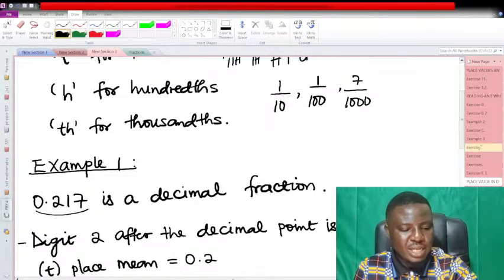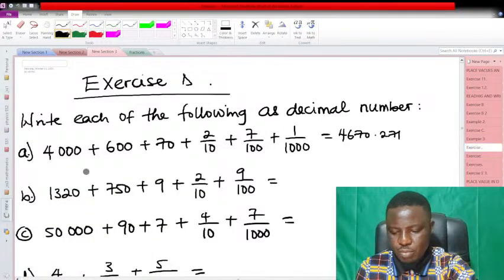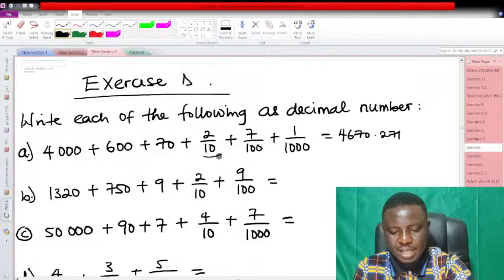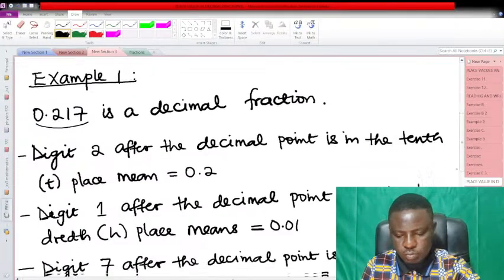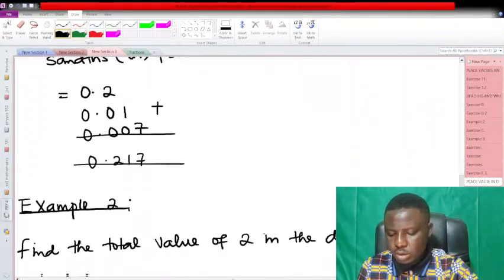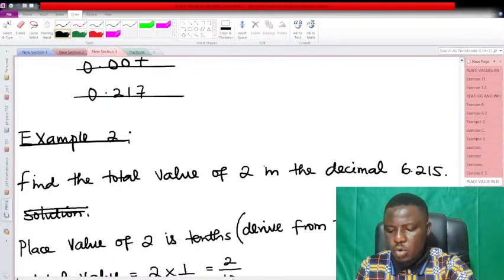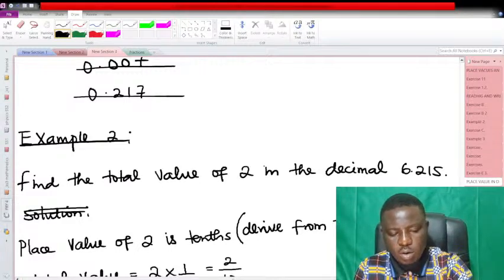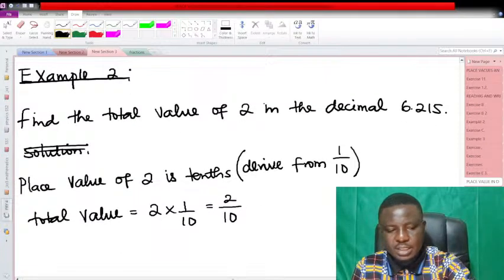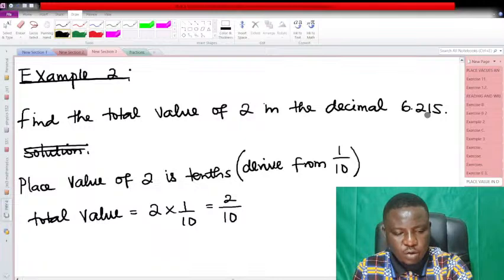And I think we did so many exercises on them where we were expressing them in the 10th place values, 100th place values, and 1000th place values. Example 2, we are asked to find the total value of 2 in the decimal 6.215. What is the total value of 2?